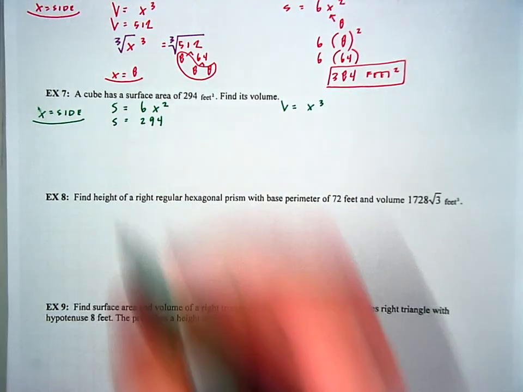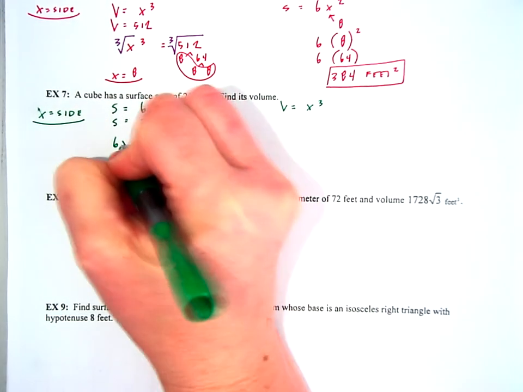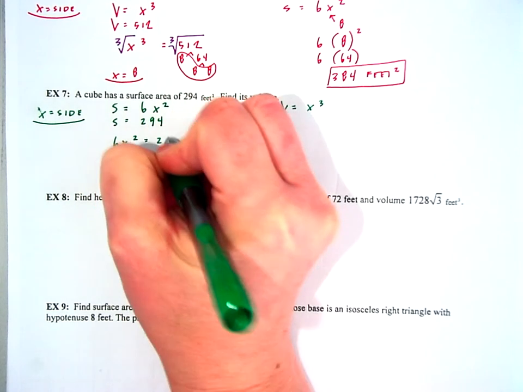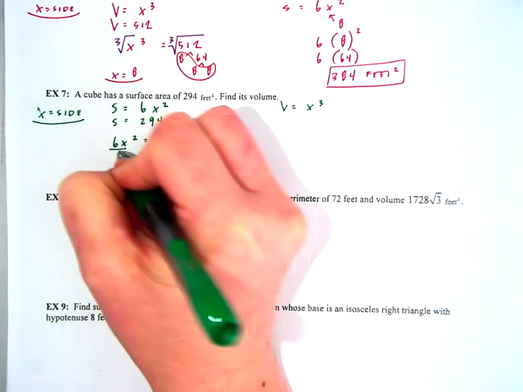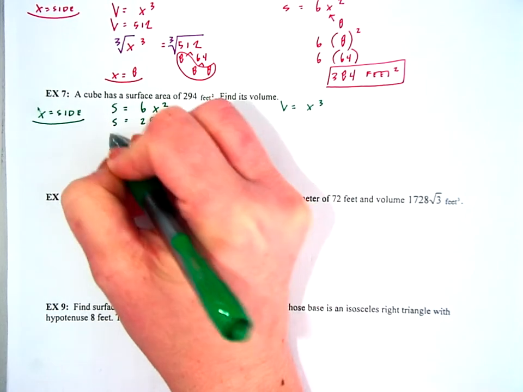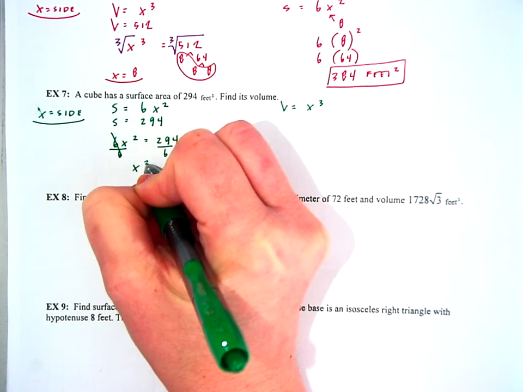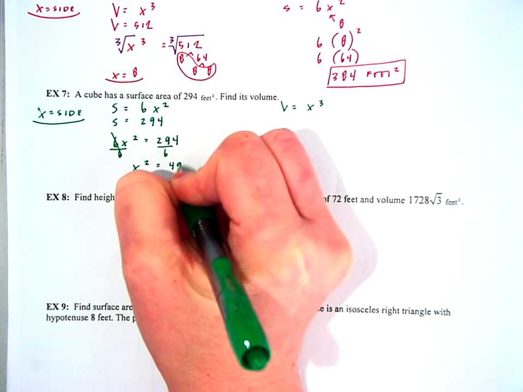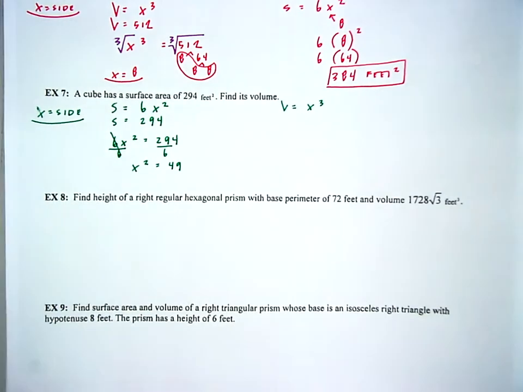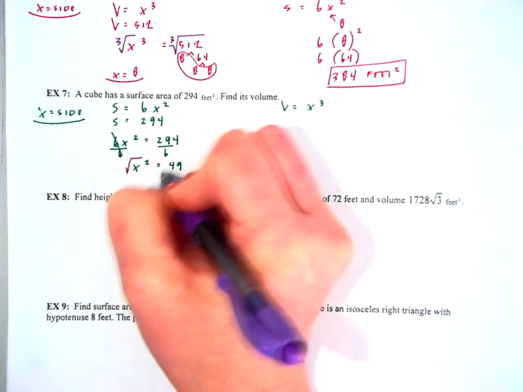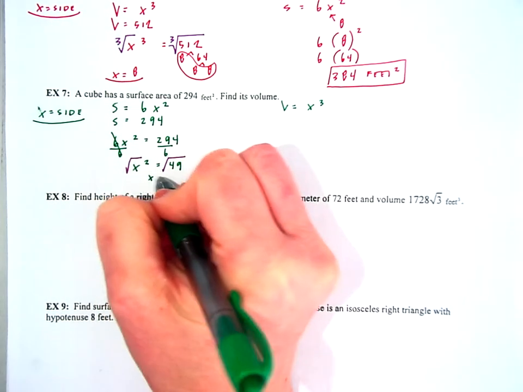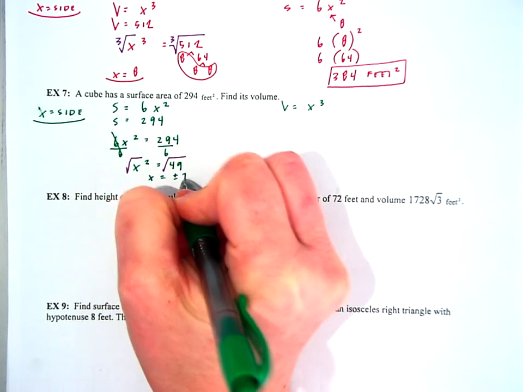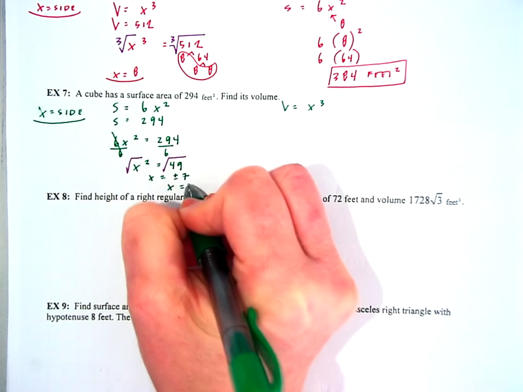So I know that 6x squared equals 294. To get to x, I need to first divide each side by 6. So x squared equals 49. And now to unlock that square, I can take the square root of each side. I know that technically that gives me plus or minus 7, but I'm only interested in the positive.